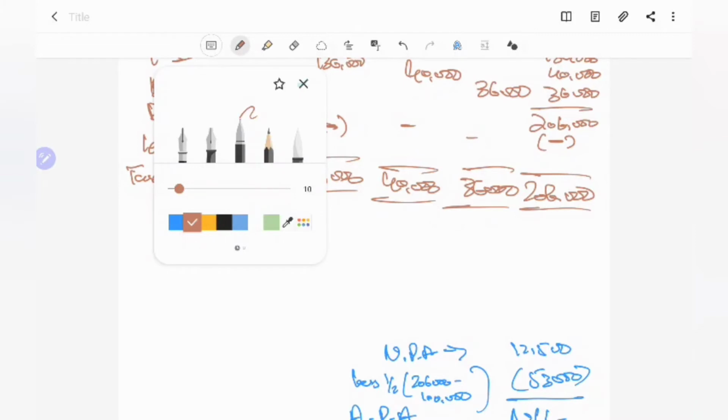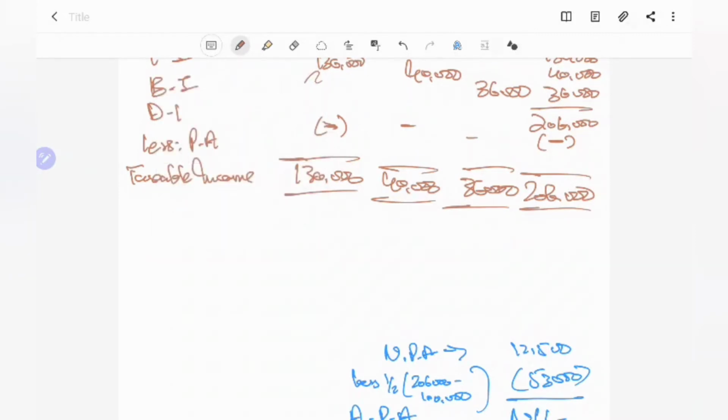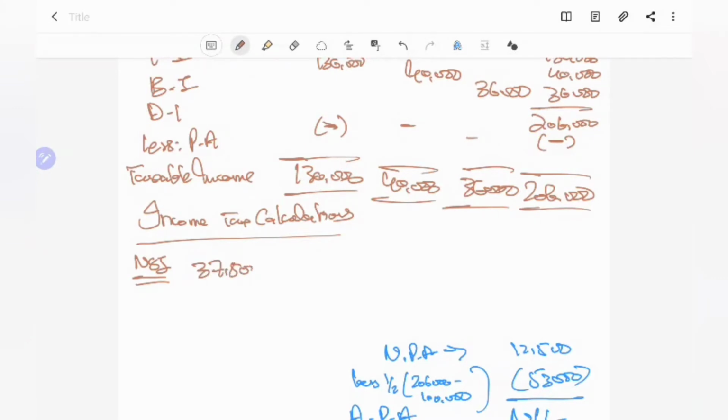For income tax calculations, what you have to do, income tax calculations. Now what we will do, non-saving income, 37,500 at 20%, what I will get, 7,500 obviously.